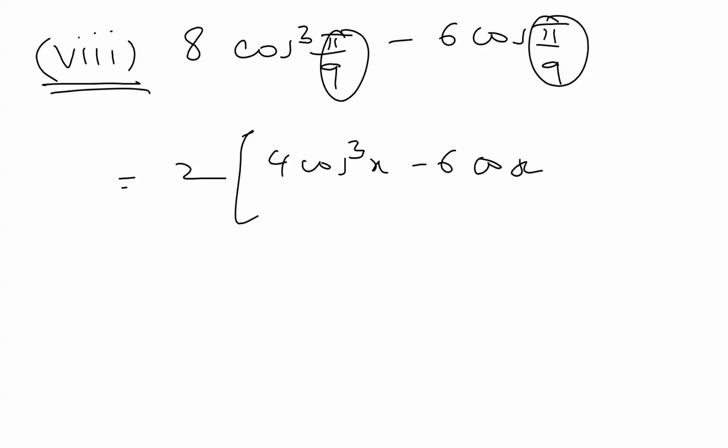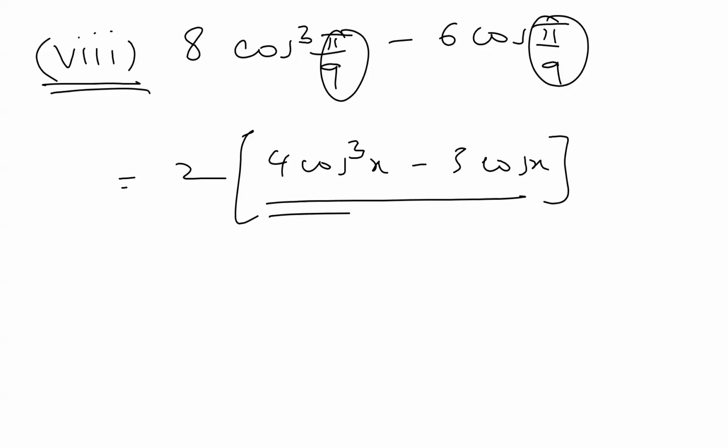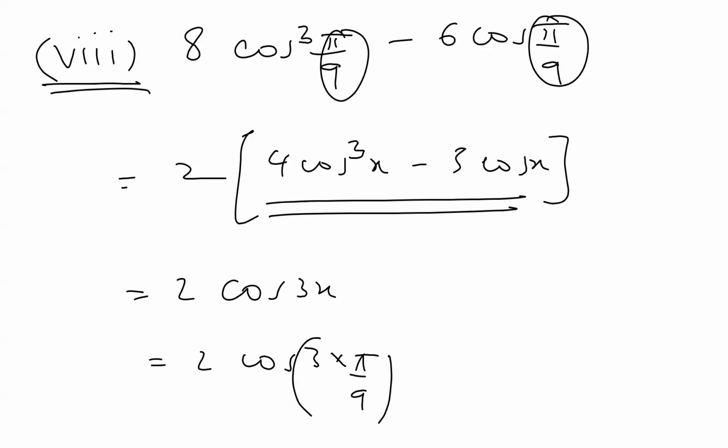So 4 cos cube x minus 3 cos x. This is the formula for cos 3x. X, what is x? X is pi by 9. So 2 cos pi by 3. Cos pi by 3 is cos 60 and cos 60 is half. So 2 into half, that is equal to 1.